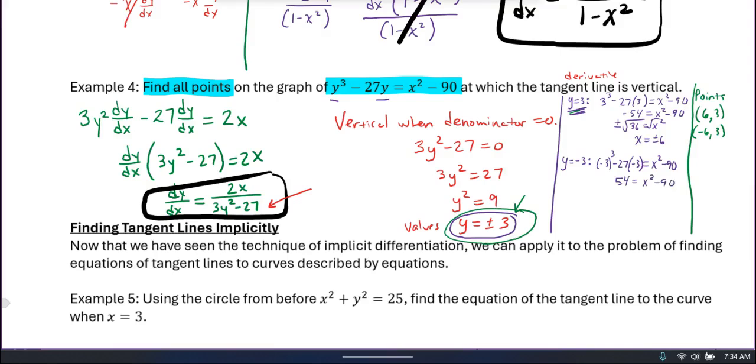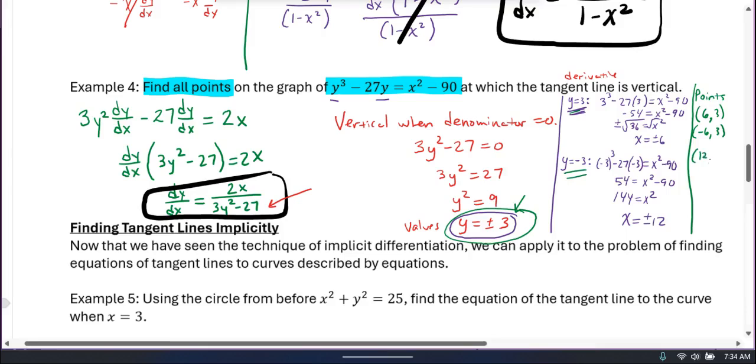It's x squared minus 90. Adding 90 to both sides, you get 144. And so here we learned x is plus or minus 12. So to finalize our answer, when y is negative 3, x could be either of these. Our other 2 points would be 12, comma negative 3, and negative 12, comma negative 3. Those would be all of the 4 points where the tangent line is vertical.